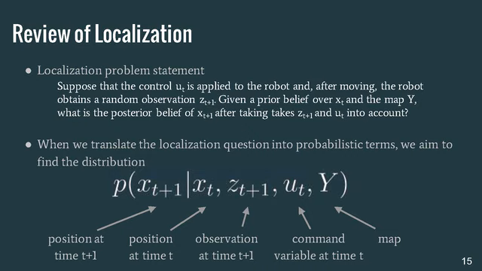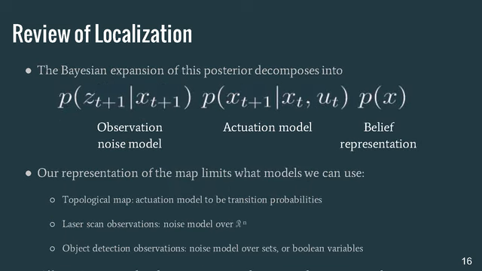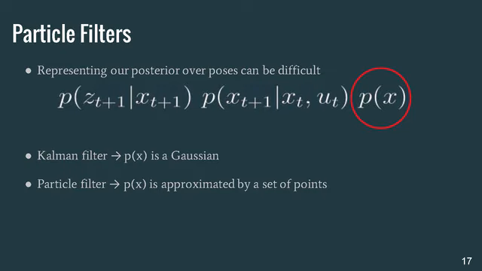So this equation specifically is taking into account the probability of being at a position at your current time based off your previous position, the observation that you're taking right now, the command variable you gave it, and then your map, like I said. So that's built on the observation noise, actuation, and then the belief. We're specifically looking at the belief here for the particle filter. So in our case, we're approximating by a set of points, also known as particles.